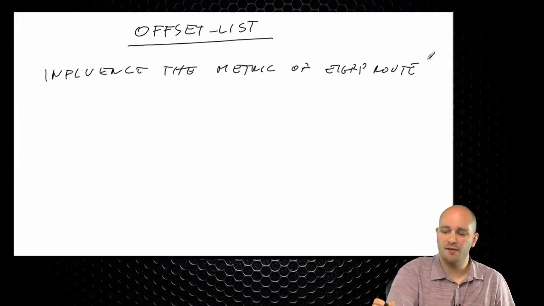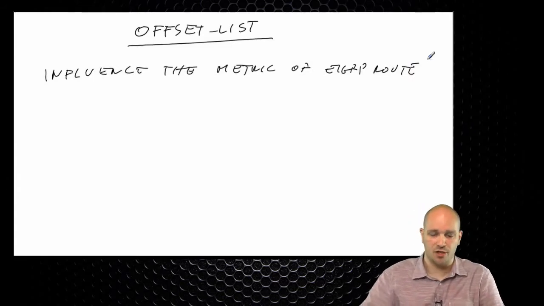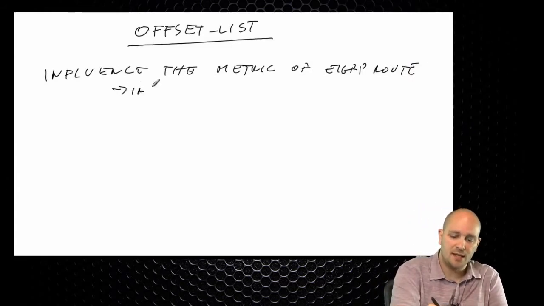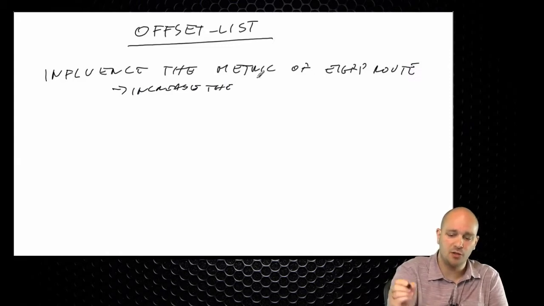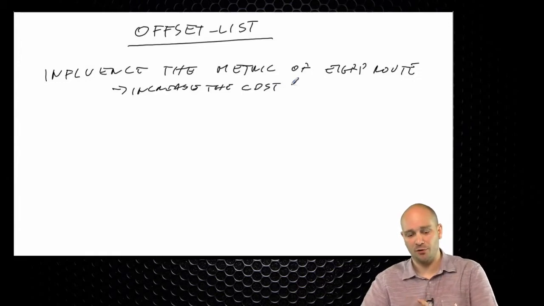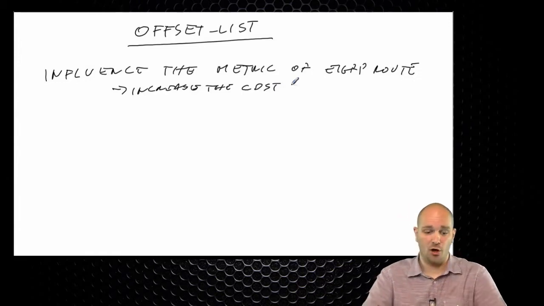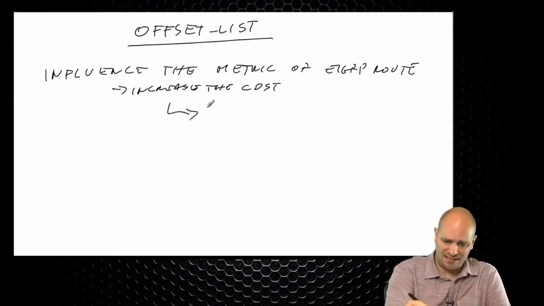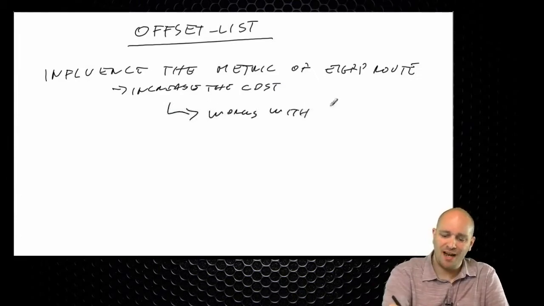What I mean by influence the metric is basically increase the cost. We cannot decrease the cost, but we can increase the metric of the route. The good thing about the offset list is that it works with calculated cost.